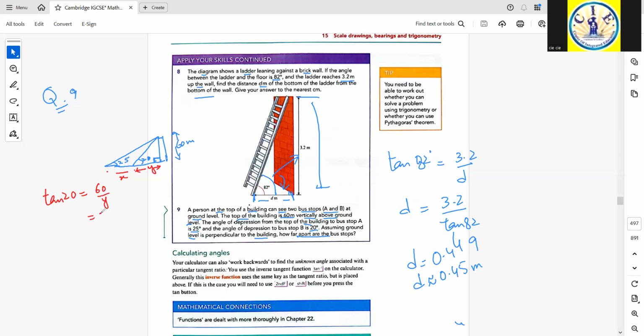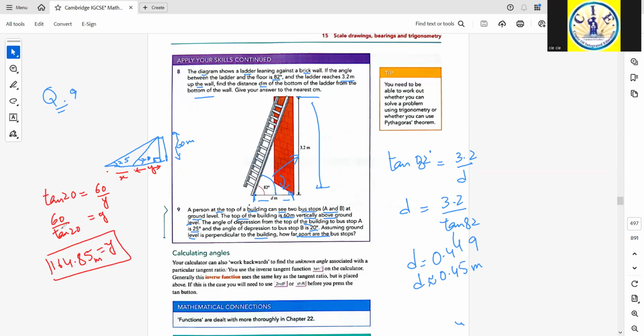So the value of y will be equal to 60 by tangent 20, which is 164.85 meters.